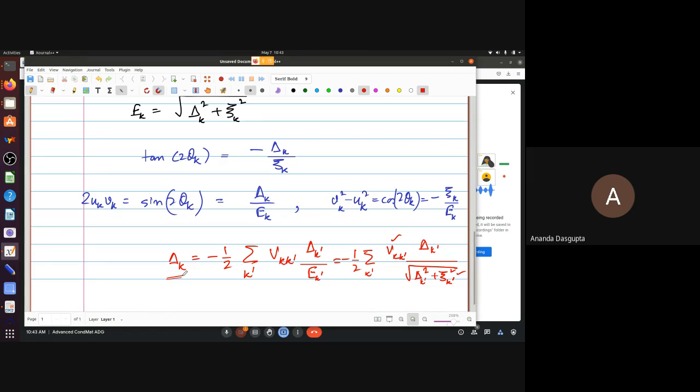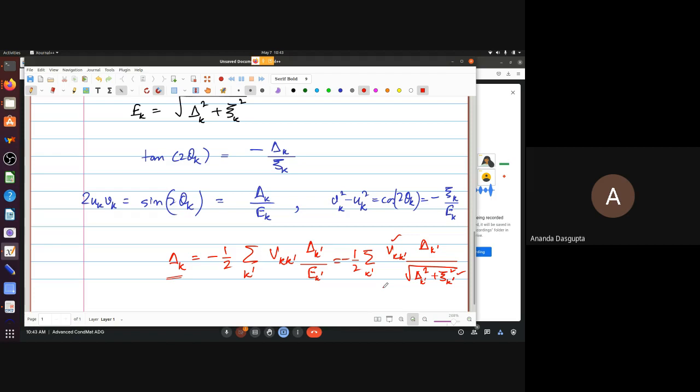Okay, so basically you have a bunch of rather complicated nonlinear equations relating the delta k's to themselves. So you have many delta k's, one for each k, and all of them are connected to each other through a bunch of equations like this, right?